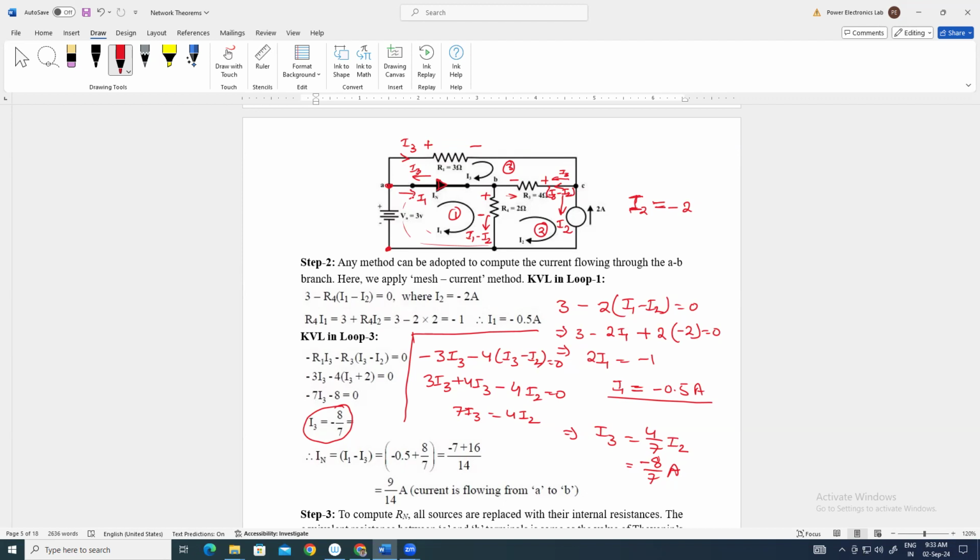So IN will be equal to I1 minus I3. We have evaluated the values of I1 and I3, so if we put them in, we can easily calculate the Norton current value. If we get a positive value of IN, then the current is flowing from A to B.